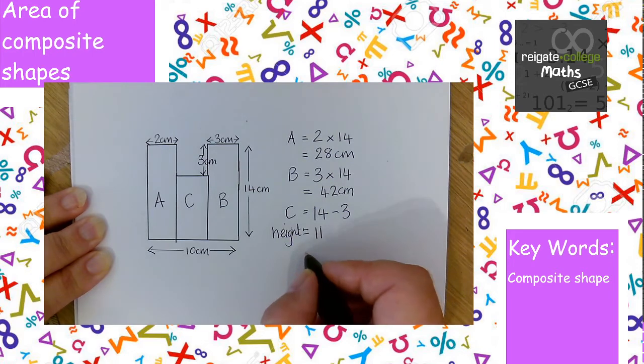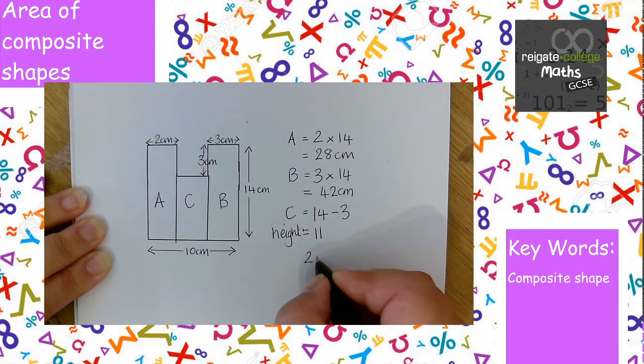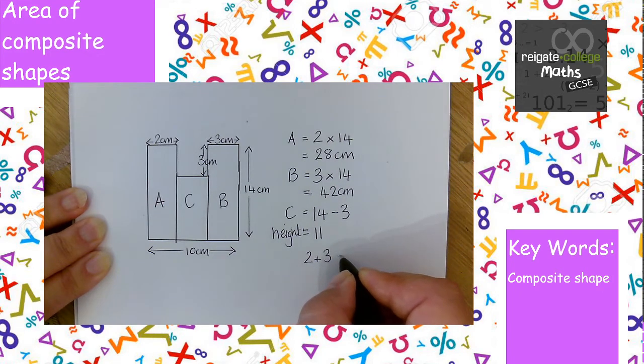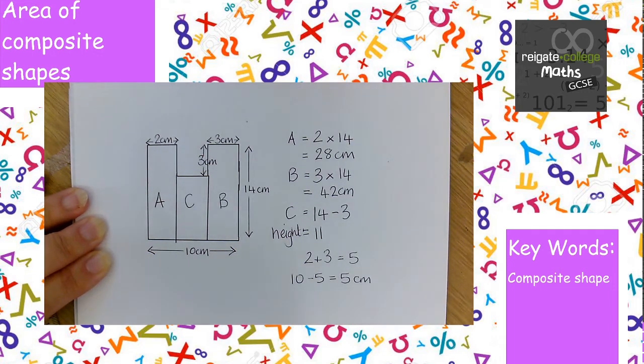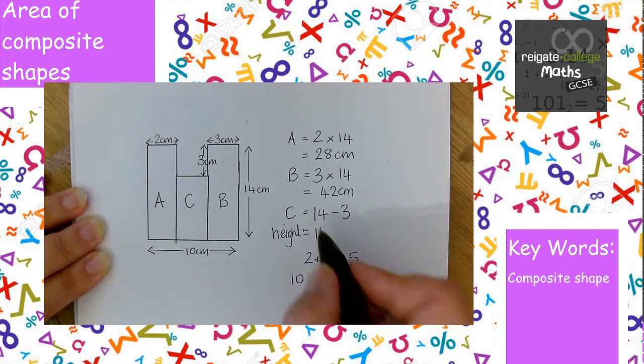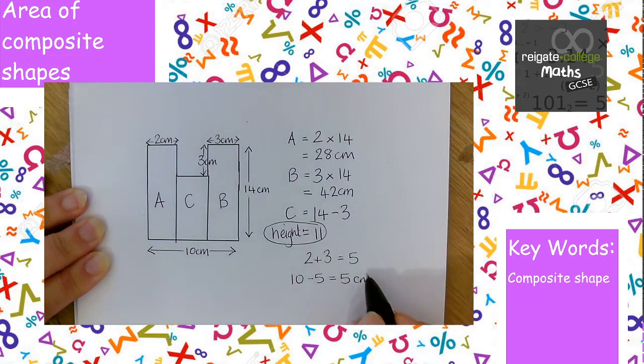So first of all, I'm going to add them up. The width of rectangle A plus the width of rectangle B gives a total width of 5. If I subtract that 5 from the complete shape width of 10, the width of my rectangle C is 5 centimetres. So with a height of 11 and a width of 5, I can now multiply the two.